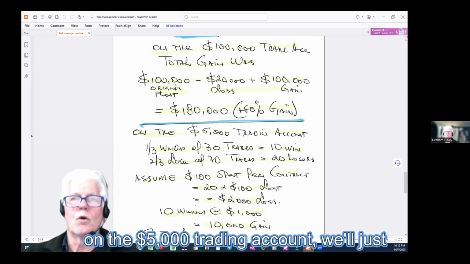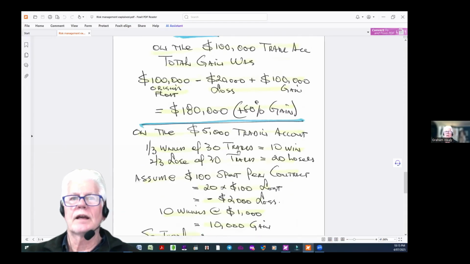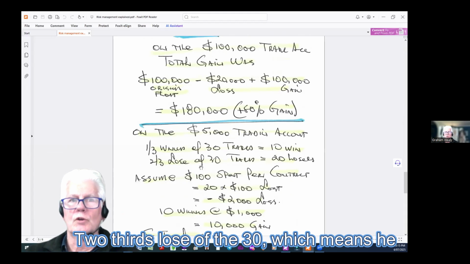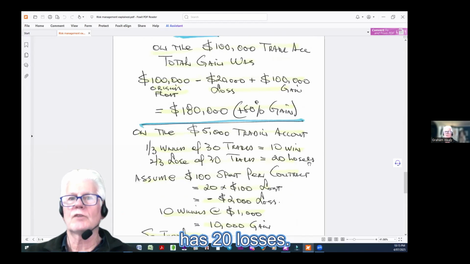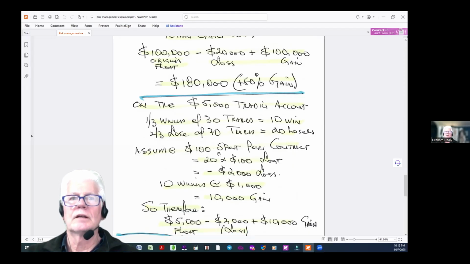Now, on the $5,000 trading account, we'll just do it similarly. 1/3 of the 30 trades are winners, which means he had 10 winners. 2/3 lose, which means he has 20 losses. Assume that each contract's worth $100 spent per contract. So 20 by 100 equals a $2,000 loss.